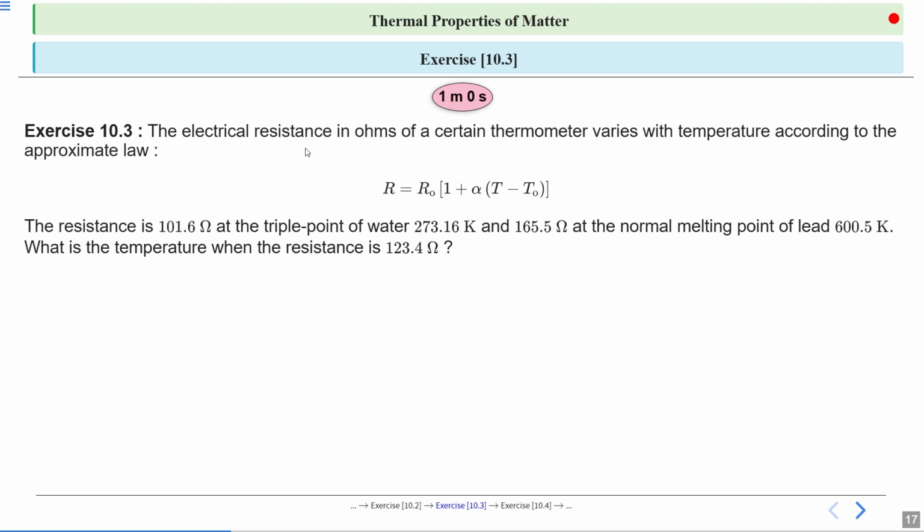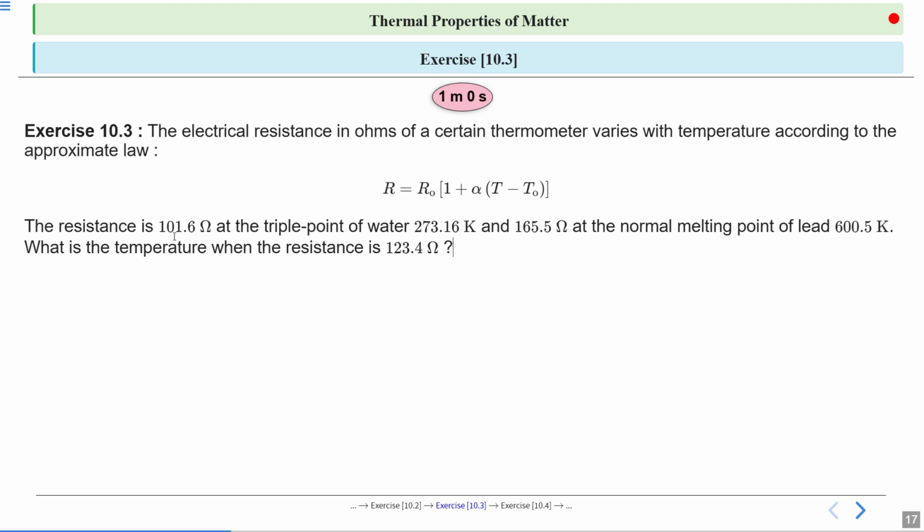The electrical resistance in ohms of a certain thermometer varies with temperature according to the approximate law R equal to R naught into 1 plus alpha into T minus T naught.